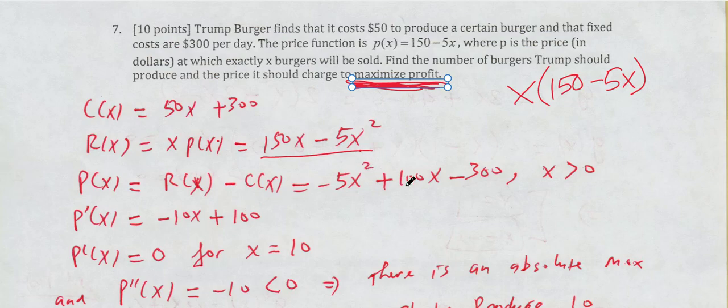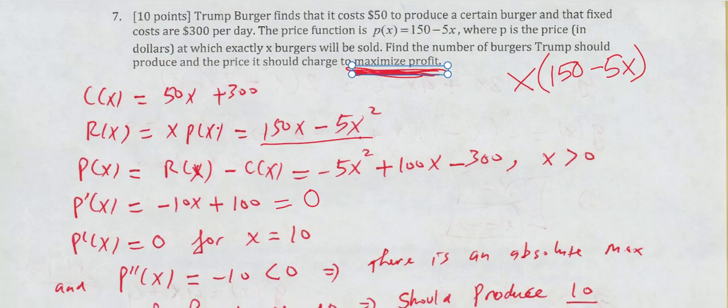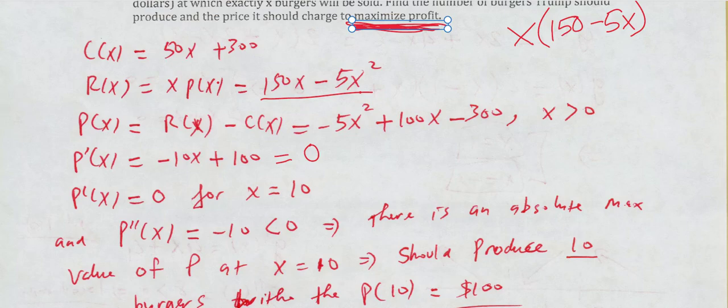Subtract 1 from the exponent, plus 100x, that now becomes 100, and the constant minus 300 becomes 0. Letting this be 0, because we are setting P prime to 0, we can solve for x to be 10 from this linear equation. So x equals 10 is the critical point.